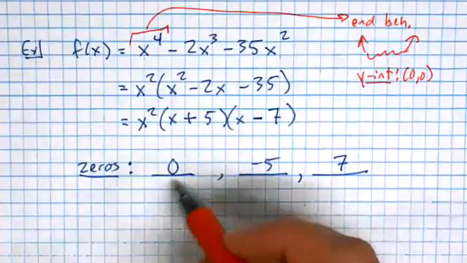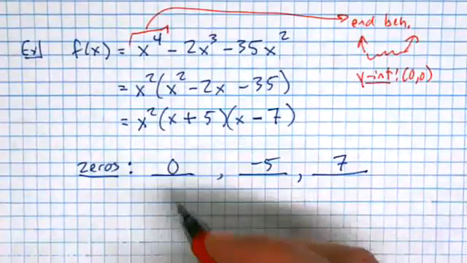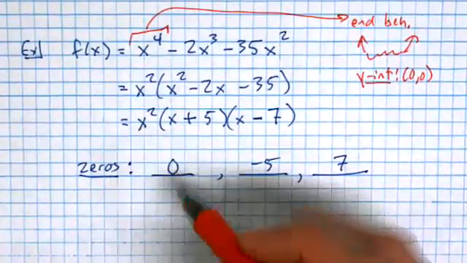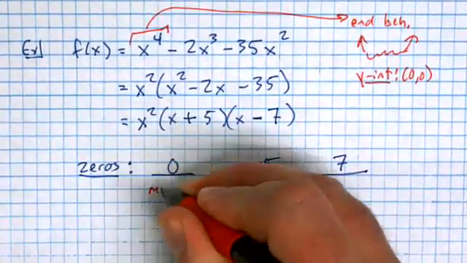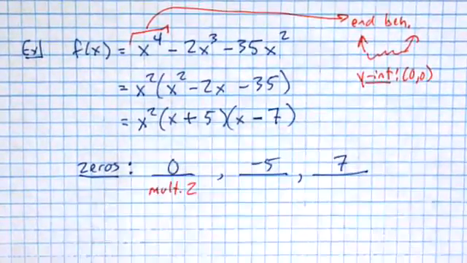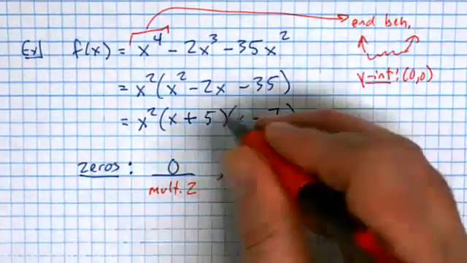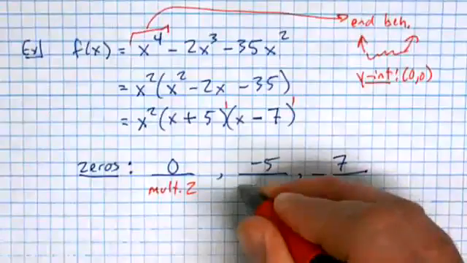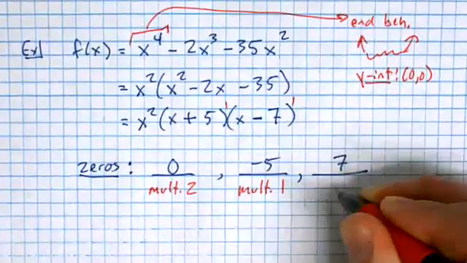Multiplicities, I'm just going to write them underneath it. You can write it next to it. This one was multiplicity 2 because it had a power of 2 on it. This one had a power of 1, so multiplicity 1 for the other ones.